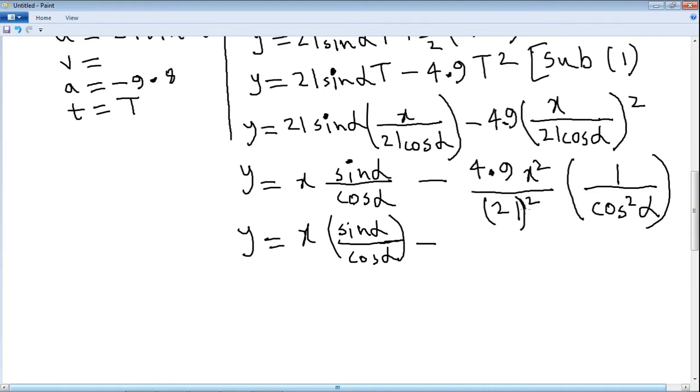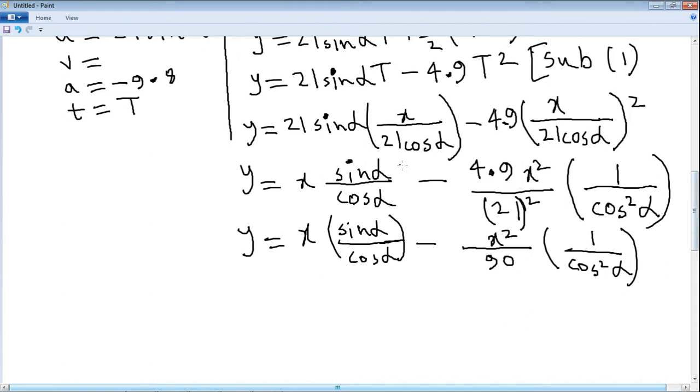So if we simplify this, we will get x square by 90. You may use your calculator. So this is the expression that we have got.